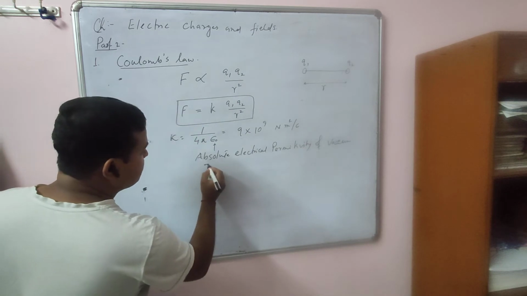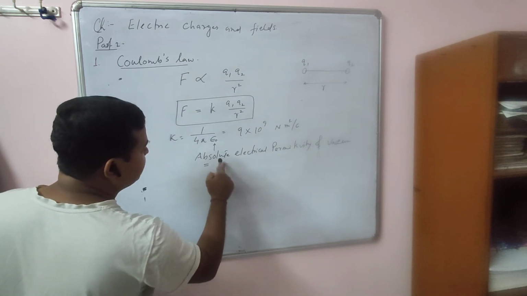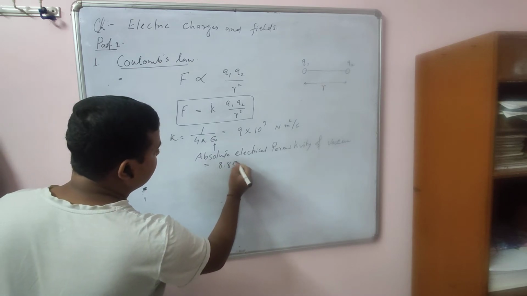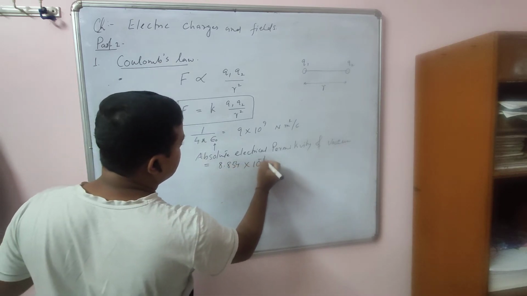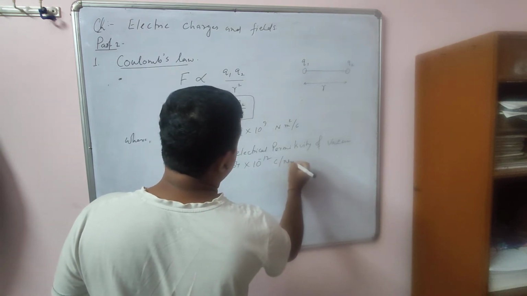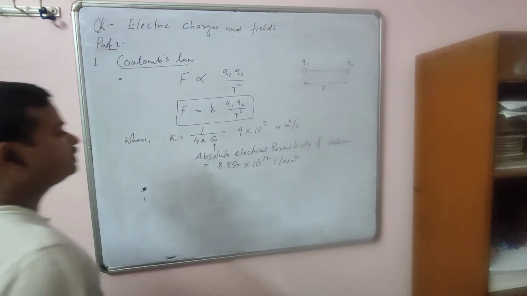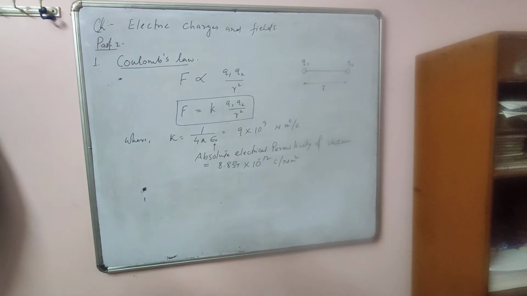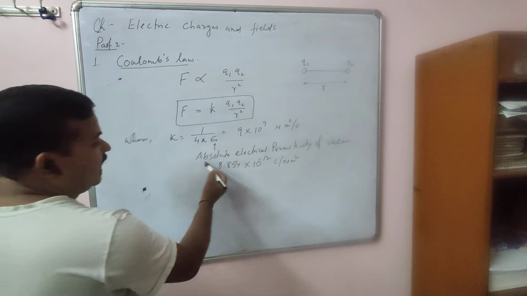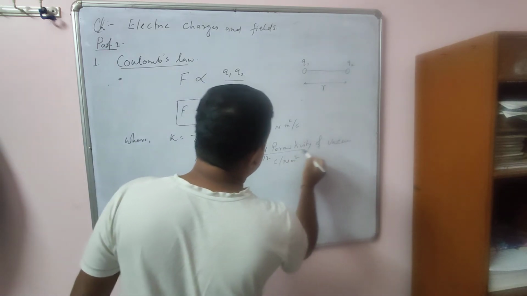Its value is 8.854 into 10 to the power minus 12 Coulomb square per Newton meter square.